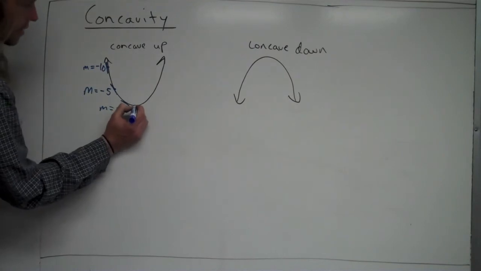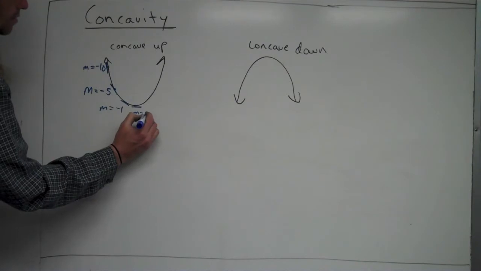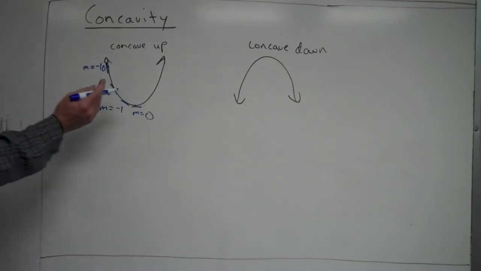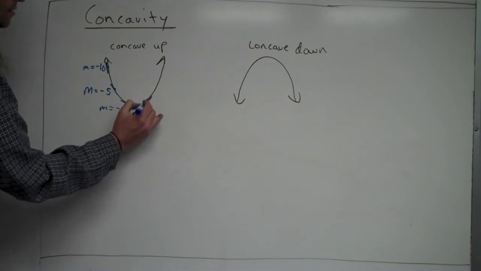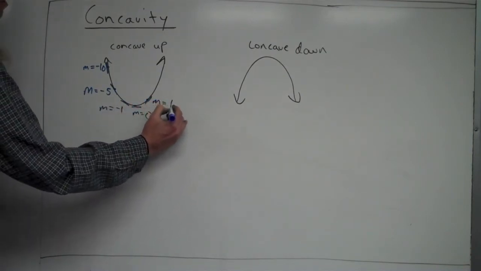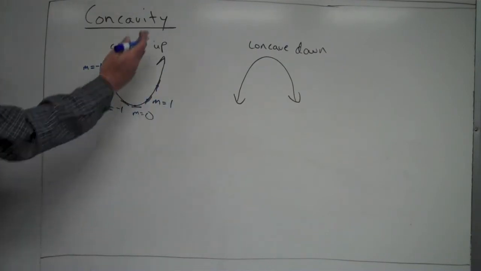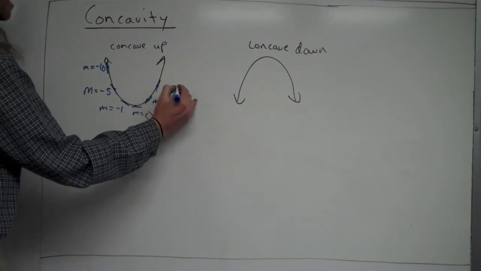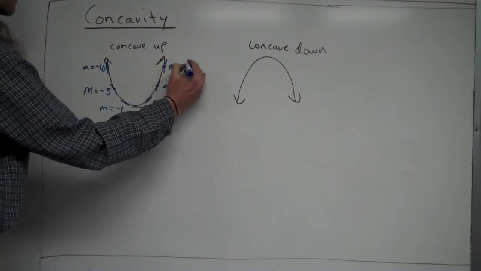At the bottom right here, the slope is definitely flat at some point, so m equals 0. And as I move to the right of that, the slope is positive. So let's say that slope maybe is m equals 1. And then as I move further to the right, the slope remains positive, yet is steeper. So maybe that's a slope of 5, and up here might be a slope of 10.